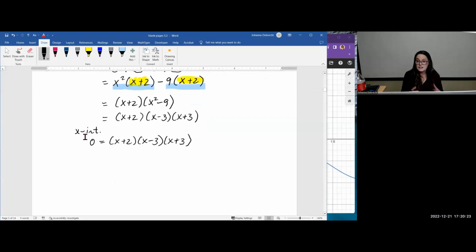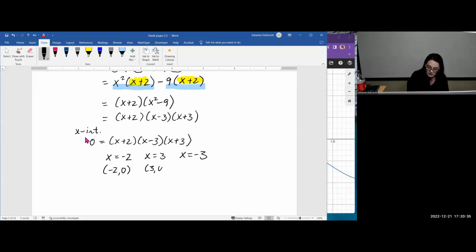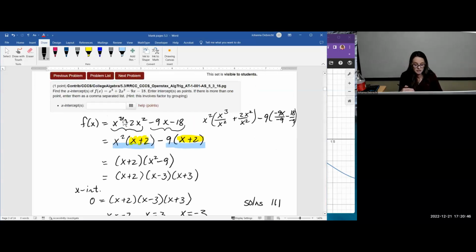When they're linear factors, it's pretty straightforward. This is going to give you x equal negative 2, x equal 3, and x equal negative 3, which are the ordered pairs negative 2, 0, 3, 0, and negative 3, 0. Now, I found 3 solutions that each showed up one time, and the degree of the polynomial was 3.